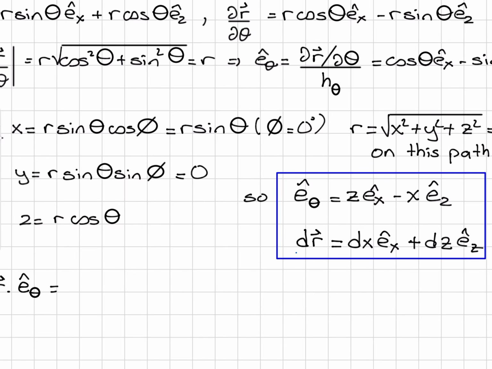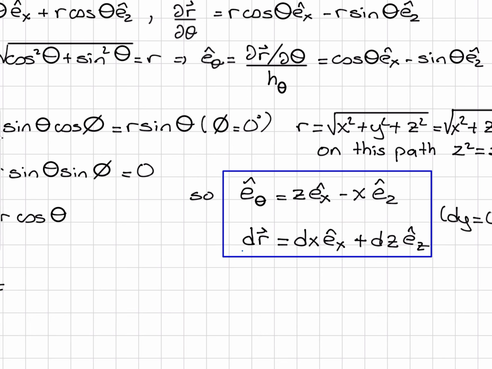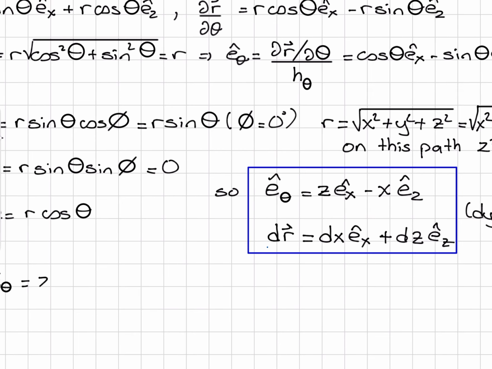As you can see, we have ex hat dot ex hat z dx. So we're going to have z dx. And for ez hat dot ez hat, we have minus x dz. So this is minus x dz. The other cross terms are 0.